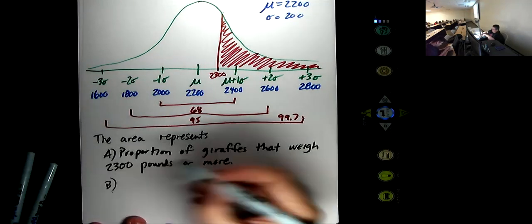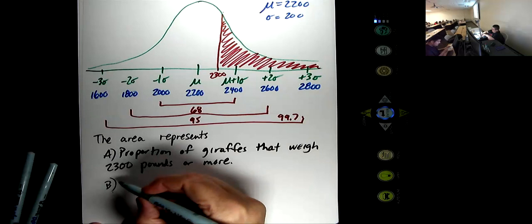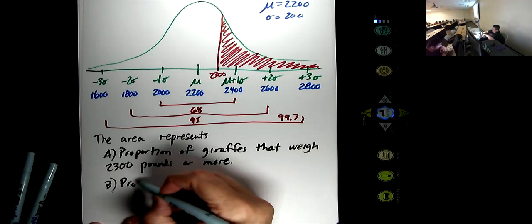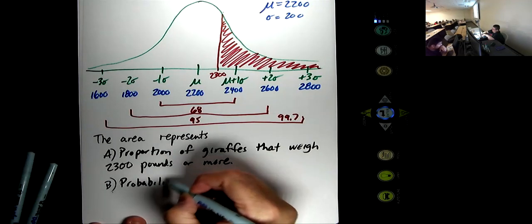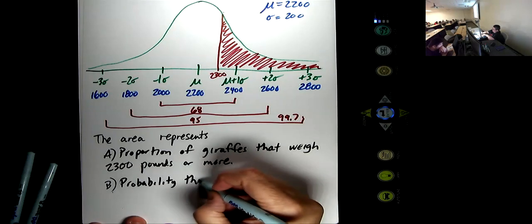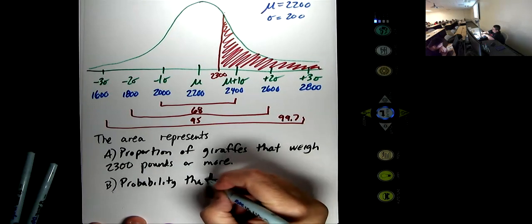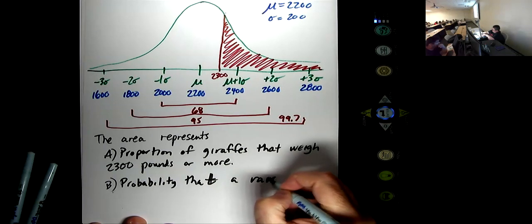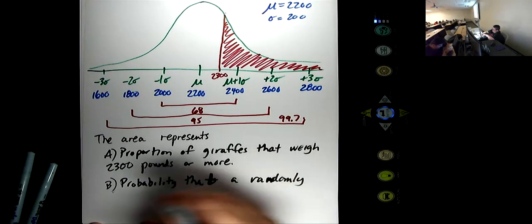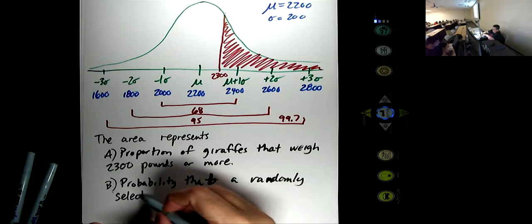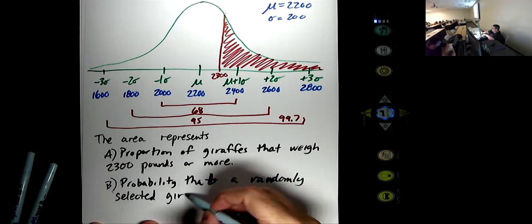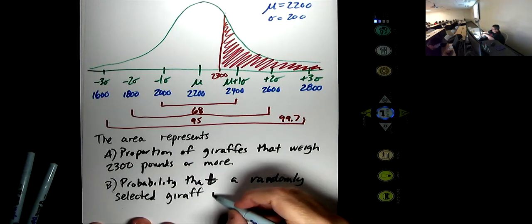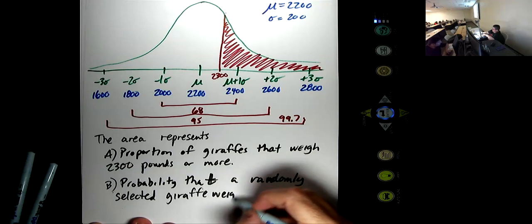B. It's the probability that a randomly selected giraffe weighs more than 2300 pounds.